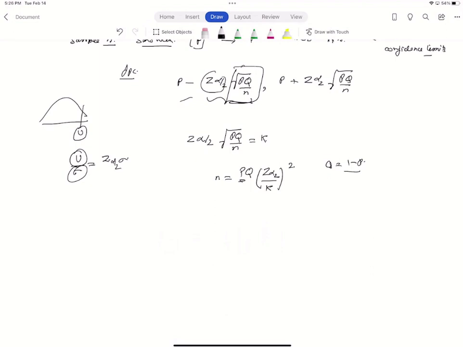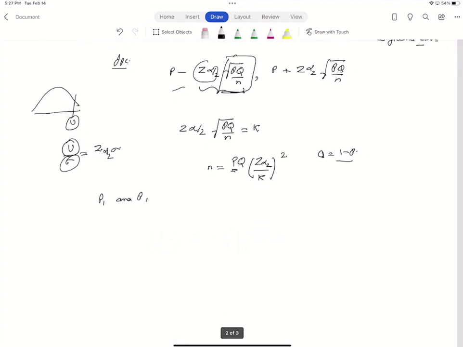But what if we want it to be within a range, say P1 and P2? We don't know the exact p, but we can estimate that the population proportion is going to lie between P1 and P2. So then we can calculate two sample sizes.